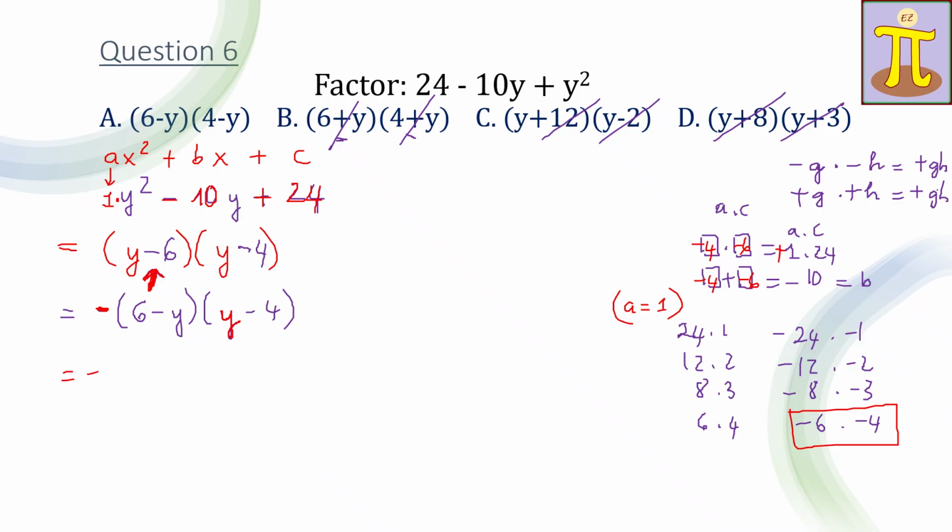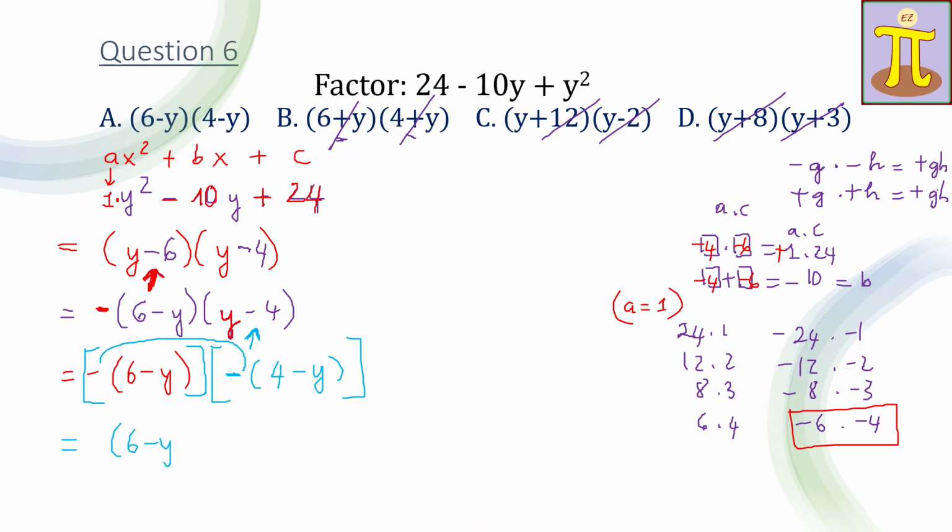At the same time, I drop that down. Now I will take the negative from this one and put it in the bracket, so we have negative, open parenthesis, 4 minus y. Now we have the negative times the negative, which makes it positive. So 6 minus y times 4 minus y is the correct answer.